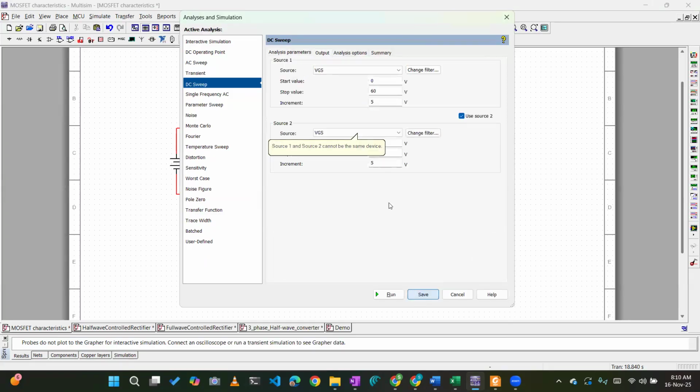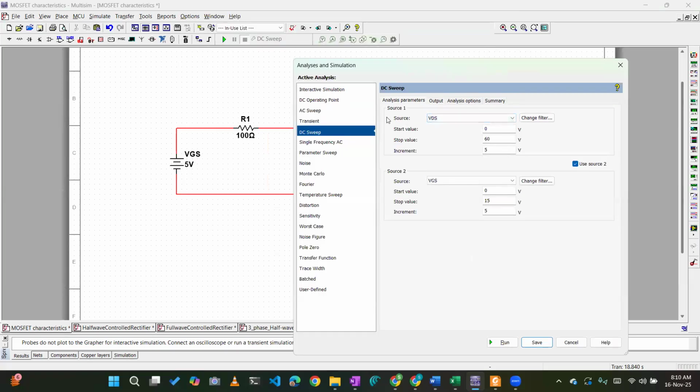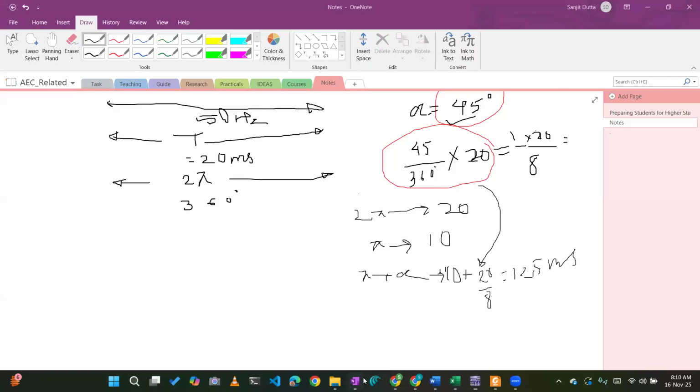I will save this. The source that we want to vary in the x-axis is VDS. Therefore, it will be in source one. This is VDS. So your curve will be ID versus VDS.